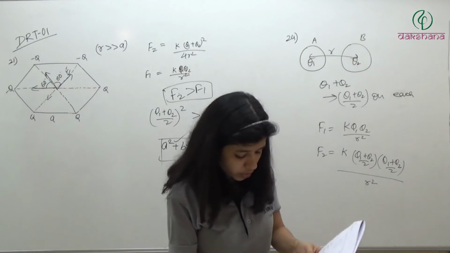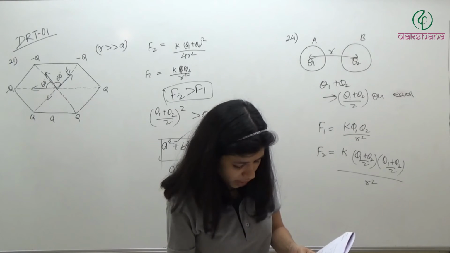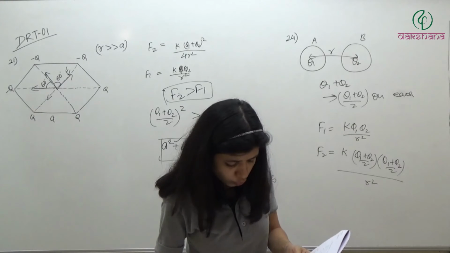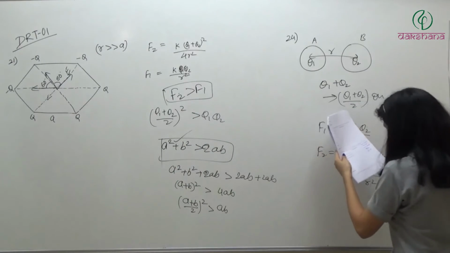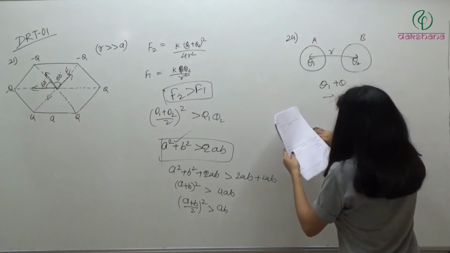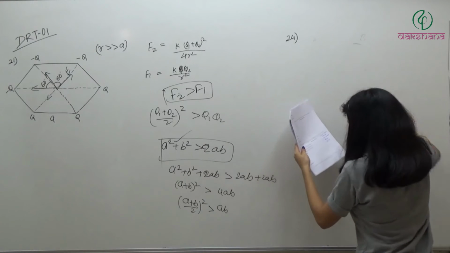Now next is question number 25. A point charge QA equal to 2 microcoulomb is placed at a point A (3,3), and another charge QB, 3 microcoulomb, is placed at (2,5).